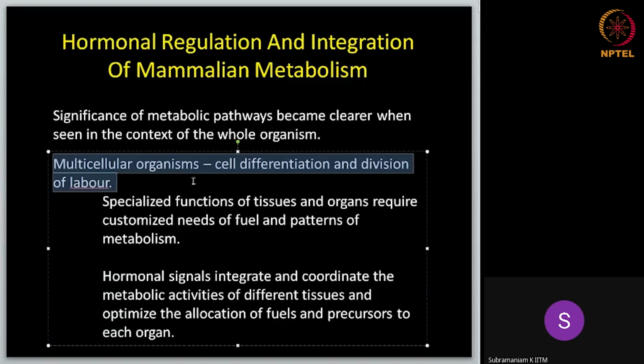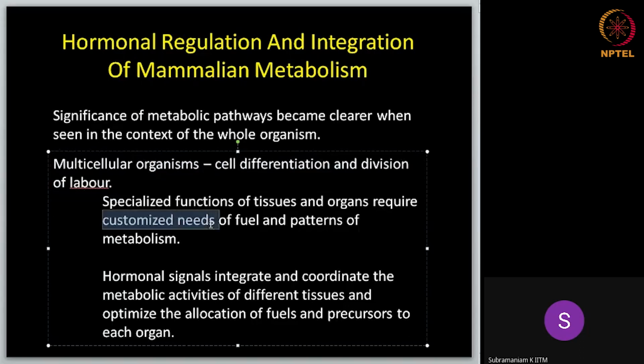Okay, so which means each tissue will have a customized need, okay, for both fuel and precursors. Okay, so therefore the metabolism in them will be customized too. So the main goal of regulation is to integrate and coordinate the metabolic activities of different tissues.